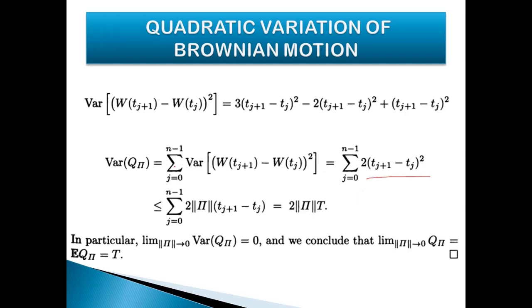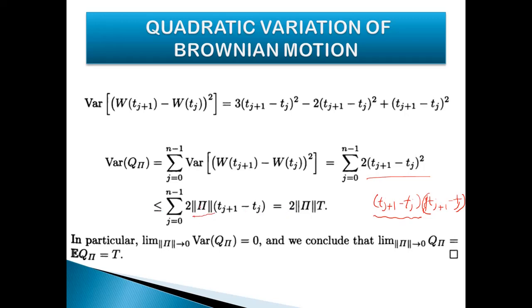So we take the summation over here, and it is less than or equal to 2 times the maximum of (t_{j+1} minus t_j) times the summation of (t_{j+1} minus t_j).